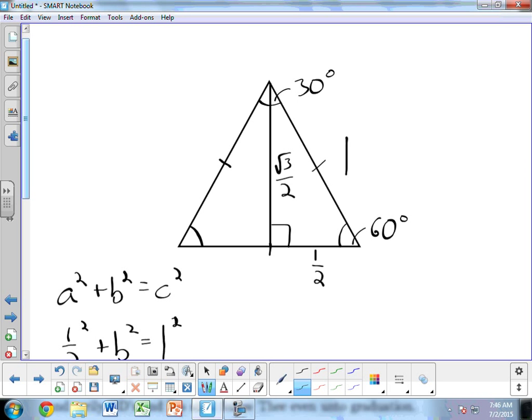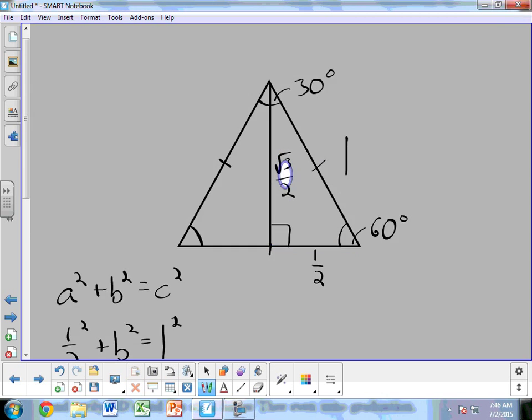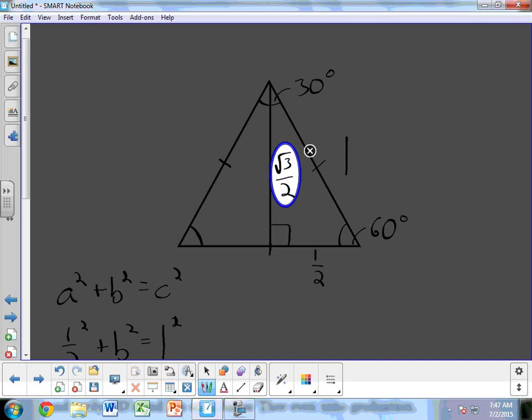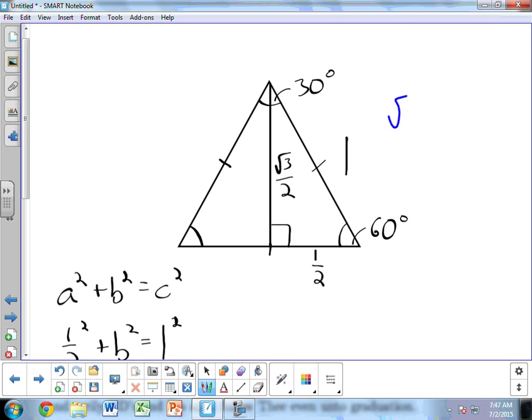If this hypotenuse right here is 1, then the small leg is half of the hypotenuse. Now, since we're already talking about half of the hypotenuse, this square root of 3 over 2 can be written as the square root of 3 times 1/2.